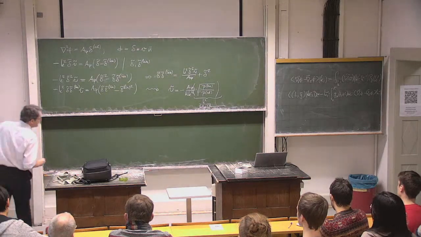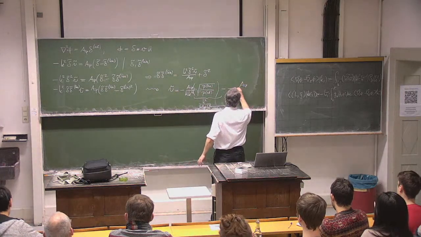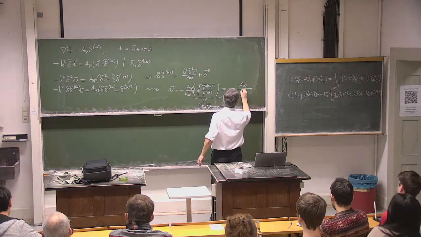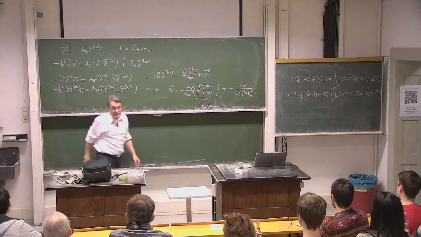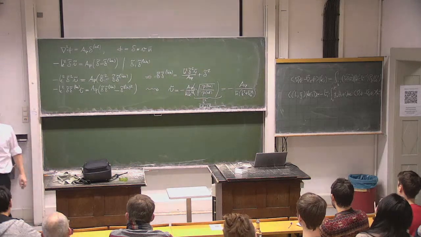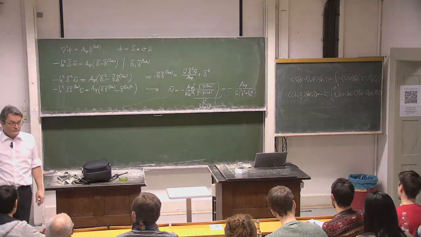But, as you see, if you insert this, you get the very remarkable form, a phi divided by n bar k squared plus k0 squared. That's the Fourier transform of a Yukawa potential. Right?